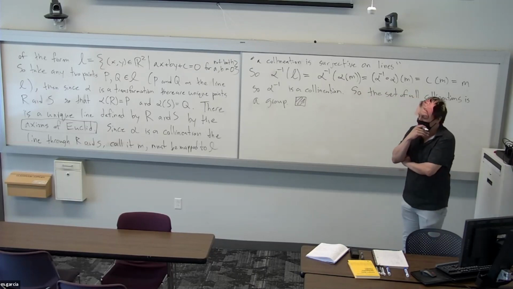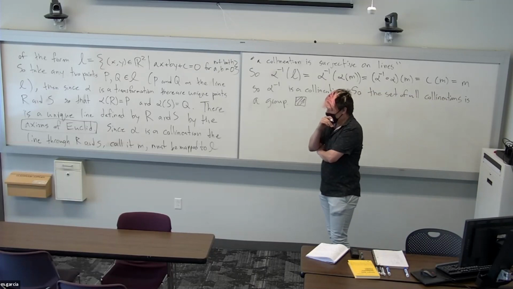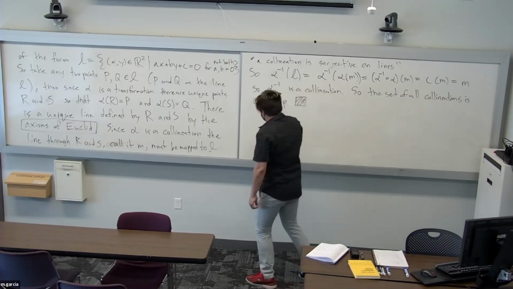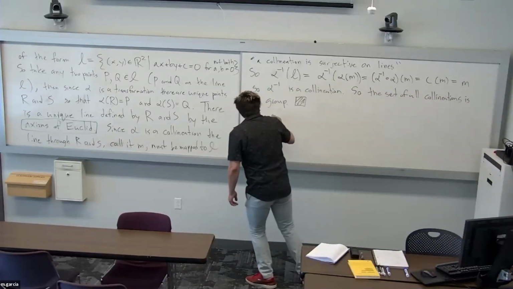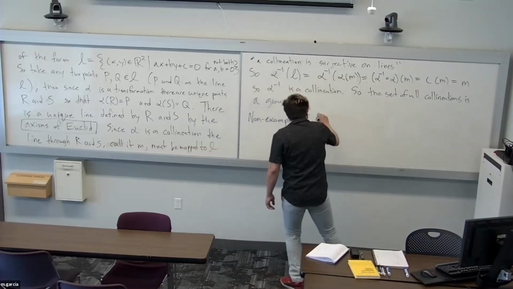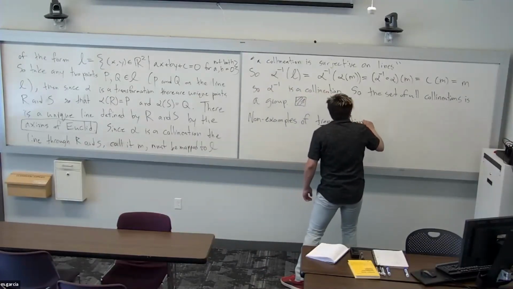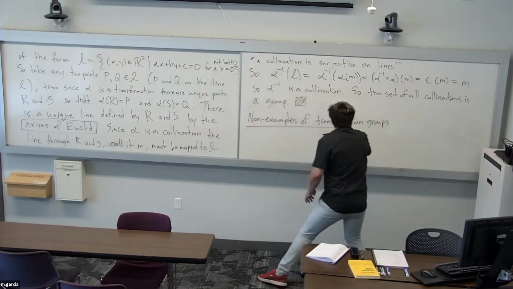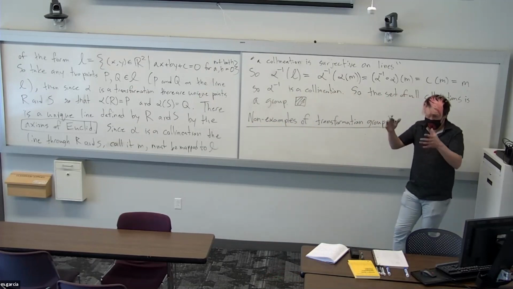Taking the group and removing any single transformation that's not the identity transformation, because it breaks the inverse property. Sure, that's great. Okay, so let's just say non-examples of transformation groups. So, let me repeat what Zach said.